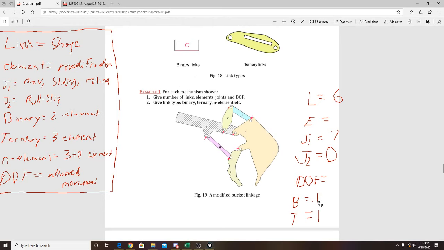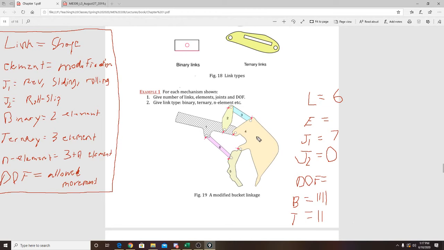Binary. 3, binary. 4 is ternary, agreed. 5, binary. And 6, also binary.